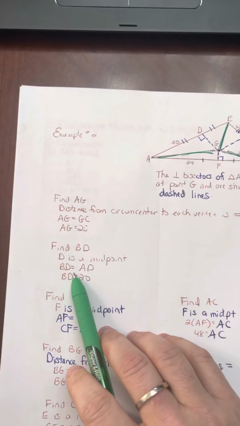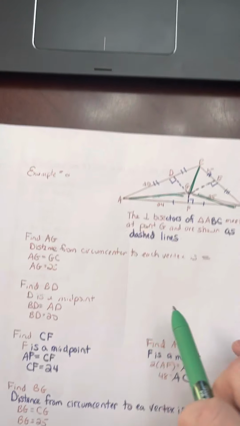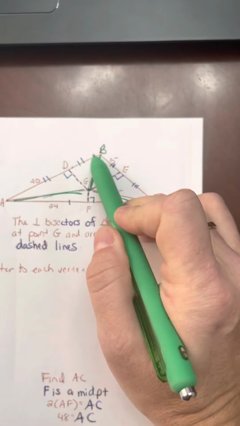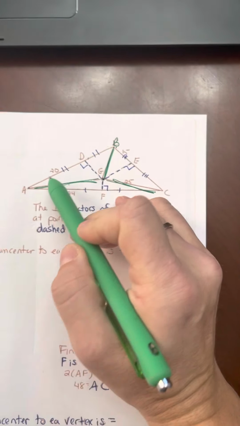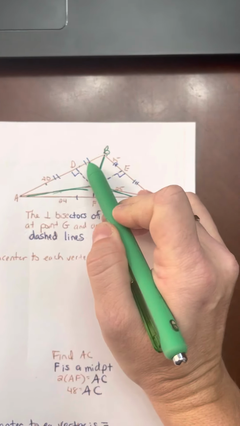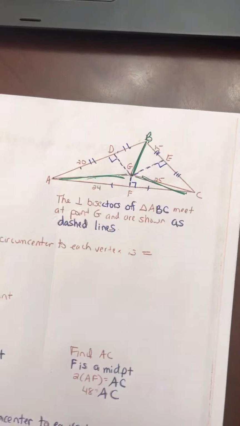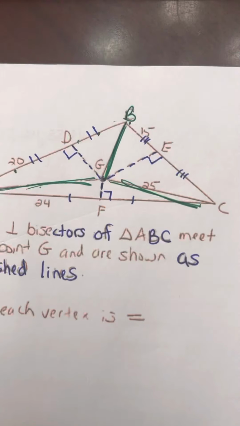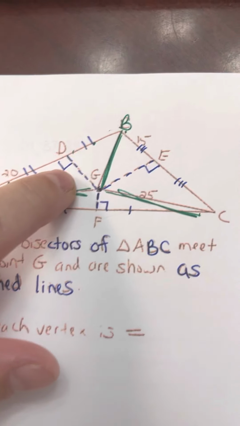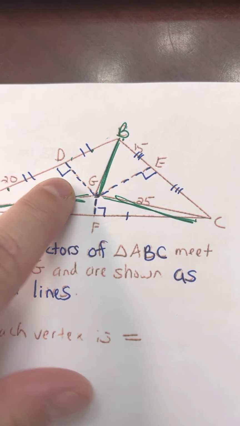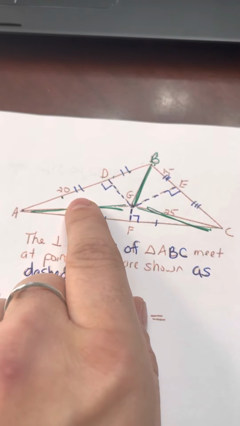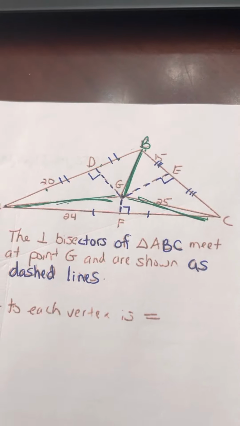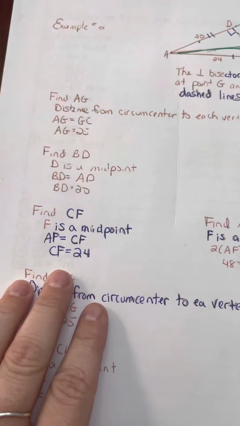The next one asks us to find BD. BD is this segment right here. So if AD is 20, BD also has to be 20 because this dotted line right here is a perpendicular bisector, which means AD and DB are the same length. The next one, we're asked to find CF.